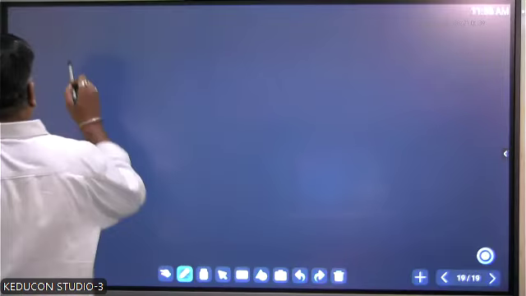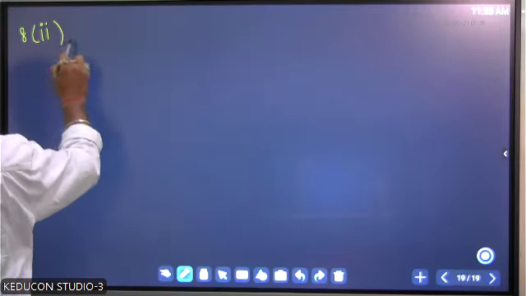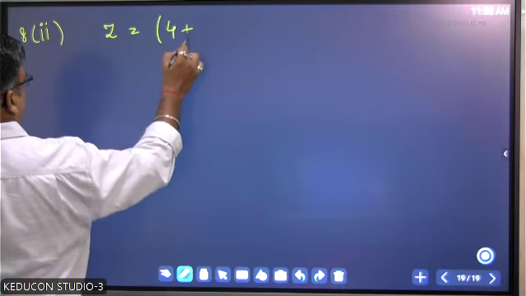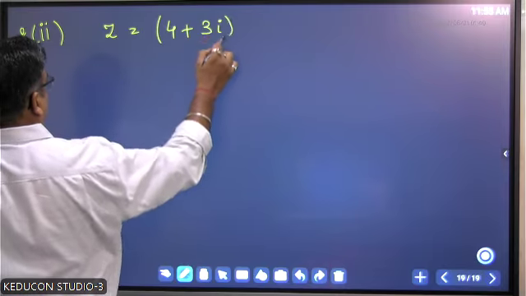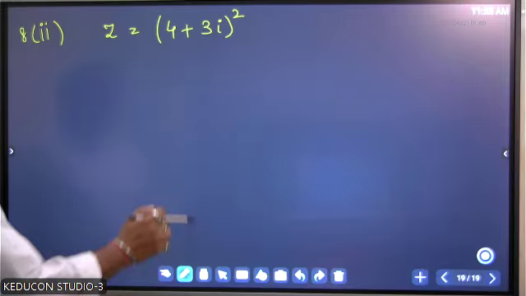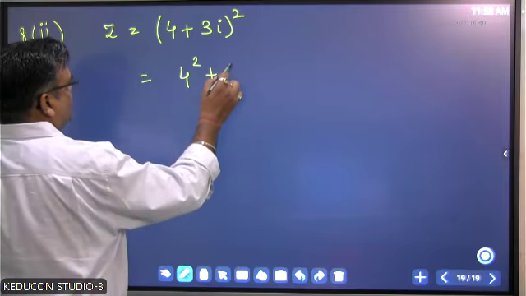Find the multiplicative inverse of, let's say it is z, 4 plus 3 iota whole square. First of all, simplify this. Apply the a plus b whole square identity.